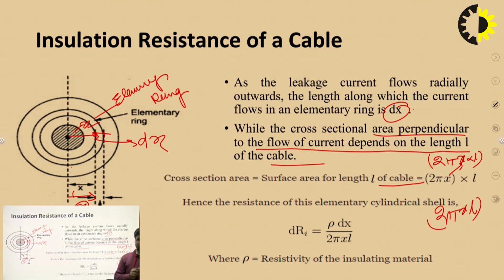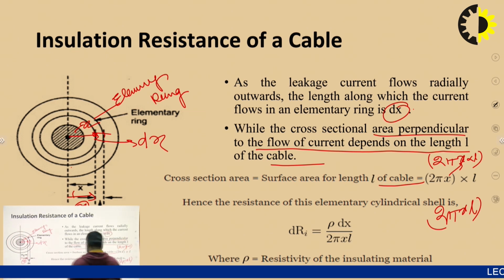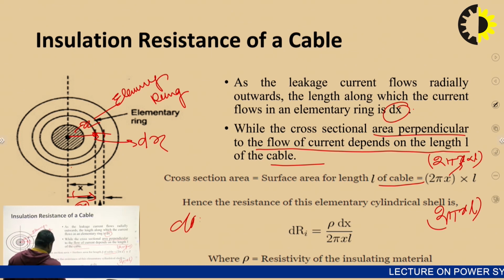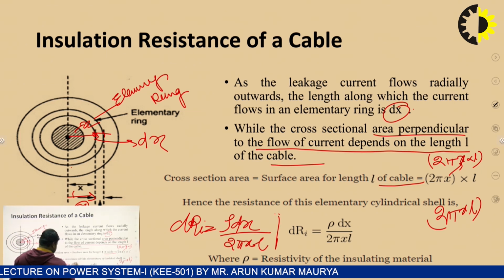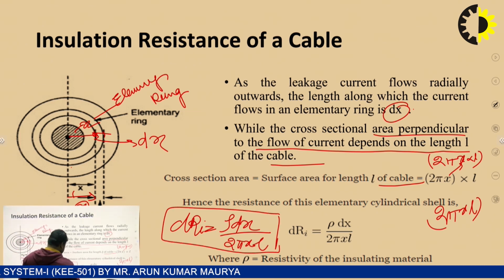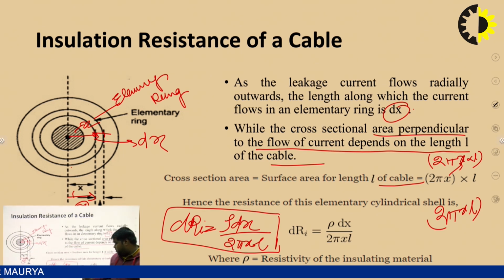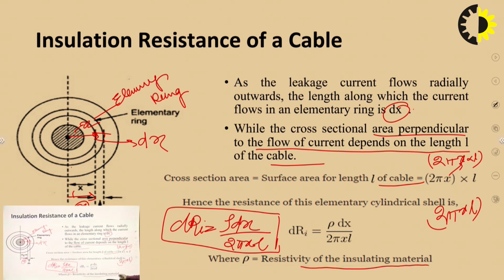Hence the resistance of the elementary cylindrical cell is dRi equals rho dx divided by 2 pi x L, where rho is the resistivity of the insulating material. This is an important formula when we use the insulation resistance of a cable.